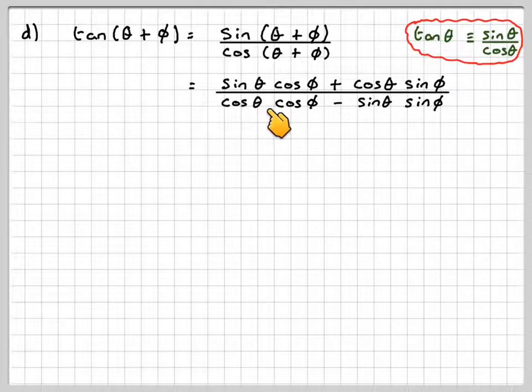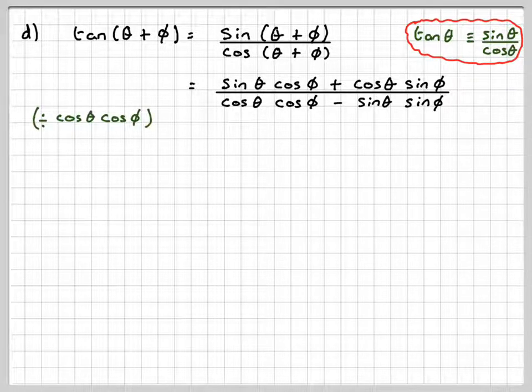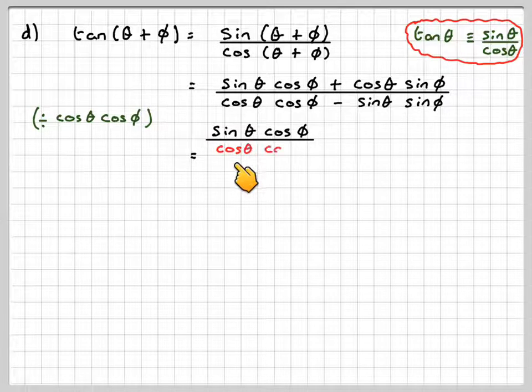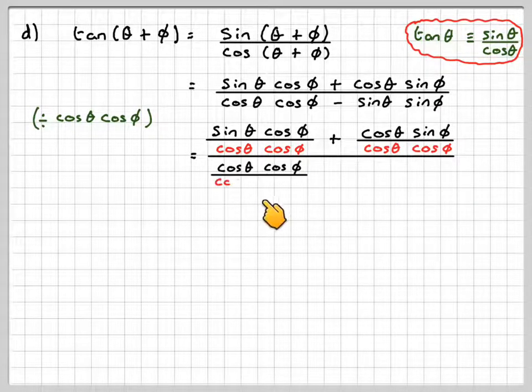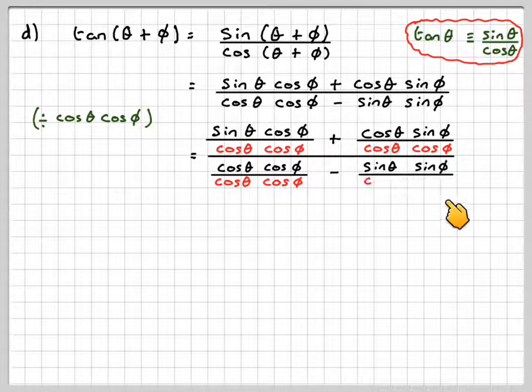The trick is to look at what we've got here, cos theta cos phi, and divide everything through by cos theta cos phi. So we get sine theta cos phi divided by cos theta cos phi, cos theta sine phi divided by cos theta cos phi, cos theta cos phi over cos theta cos phi, and sine theta sine phi over cos theta cos phi.